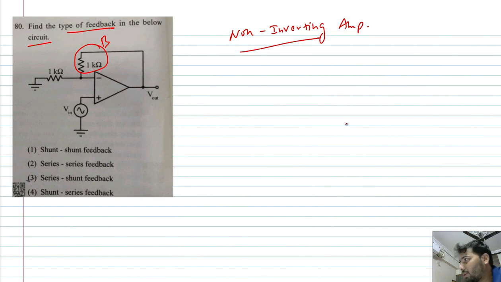And you know, we have two simple rules to determine the type of feedback, which will work for most of the circuits. And for this circuit, those two rules will definitely work. So the B block is directly connected to the output. So it is voltage sampling.